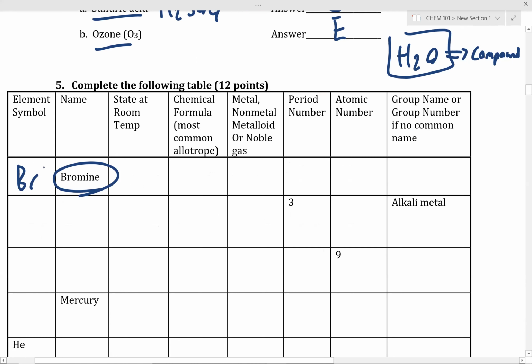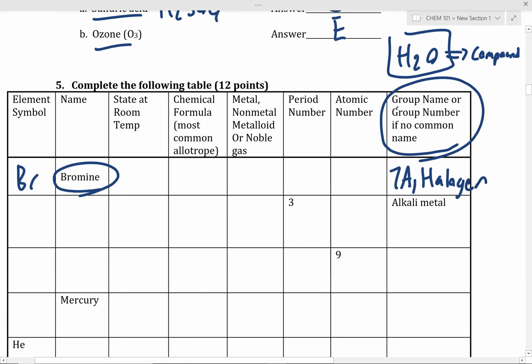Okay. What is the common chemical formula? And for this, let's really start to think about the group name and group number, as that gives us some insight into the chemical formula. What's the group number or group name for species such as bromine? 7A, but I'd like you to provide me the halogen name.